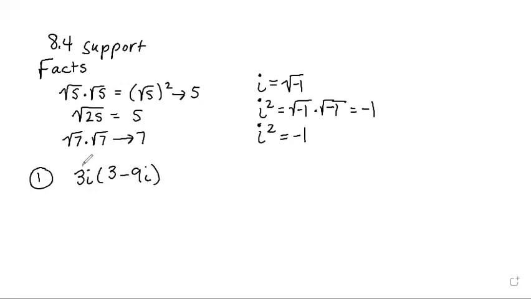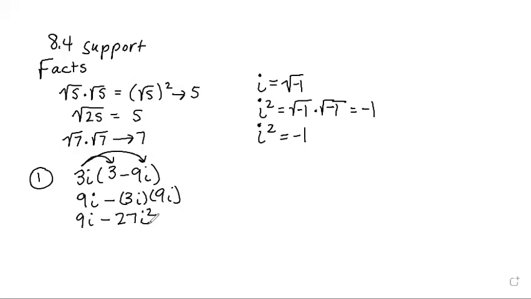Okay, so you're going to do the distributive property and take that 3i in the front and multiply it by both the terms in the back. So 3i times 3 ends up being 9i. And 3i times -9i. So I'm just going to write this out separate. So minus, just so that I'm explaining that, so that would be 9i. And then minus 3 times 9 would give me 27, and then i times i is going to give me i squared.